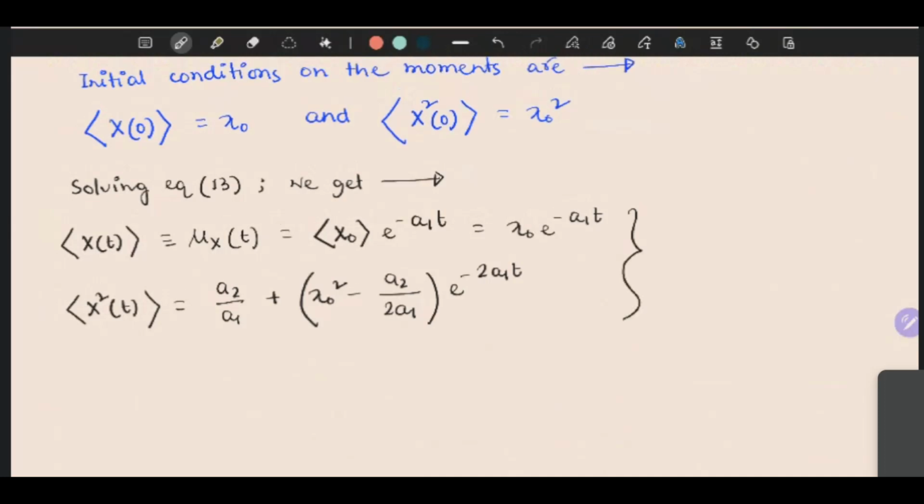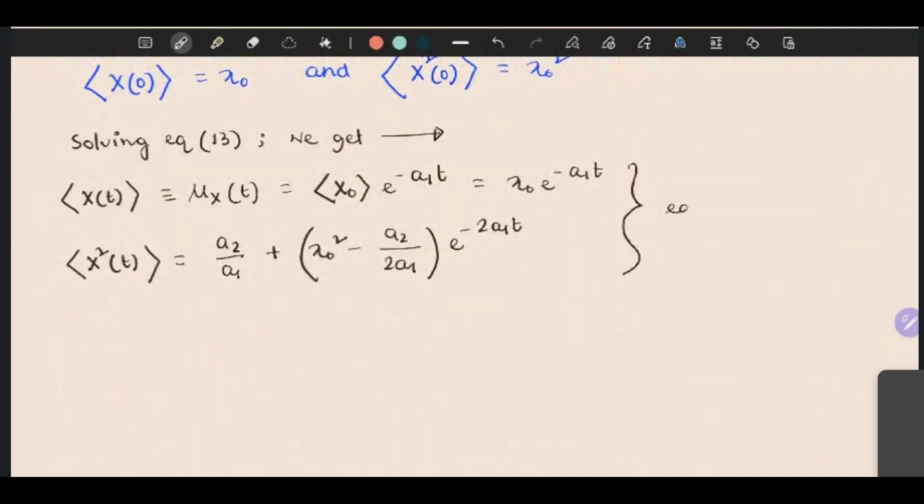So these are equation 14 for all t greater than or equal to 0.